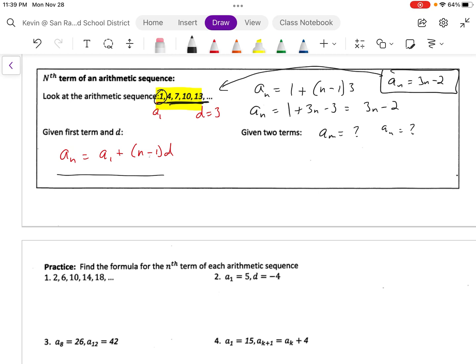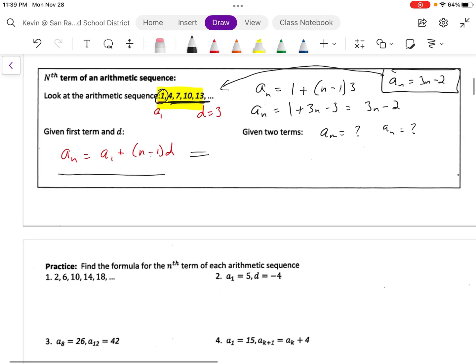If we have those two terms, it's very similar to this function here. We're going to go a sub n equals a sub m plus n minus m times d. And the a sub m will always be a term previous to a sub n.